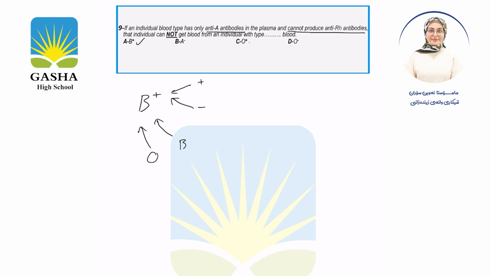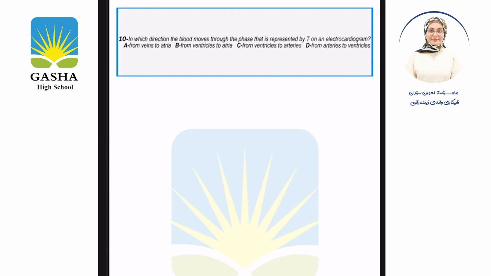O positive is true. O negative it can receive, but the only one that cannot be is B negative. So the true answer for this question is what? Is B.